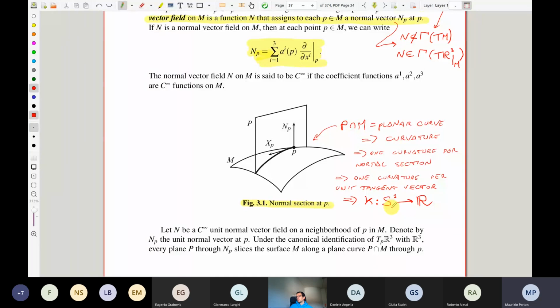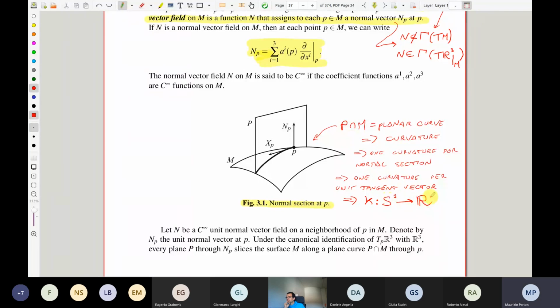Is this clear? To every tangent vector, to have a tangent versor, I associate the curvature of the section made in this way with the surface. Okay, this is a number. So what I obtain is a map from the circle, from S1 to R.